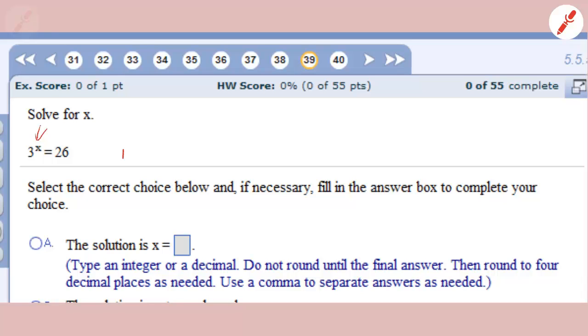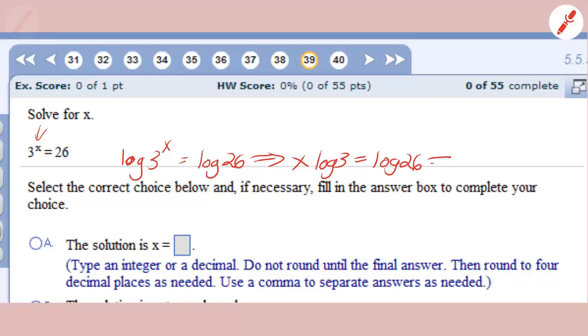All right, so log 3 to the x equals log 26. So x times log 3 equals log 26.